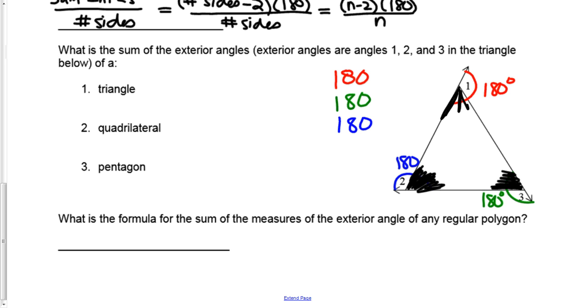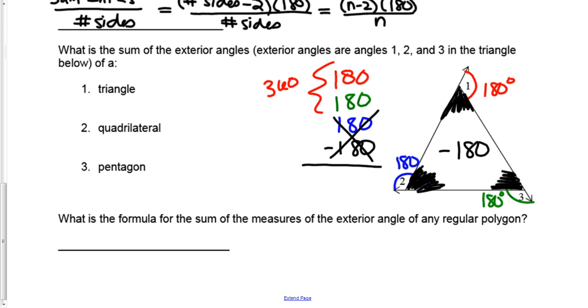And I need to subtract out this much, which is inside the triangle. Which means how many degrees are inside the triangle that I need to subtract? I need to subtract 180. So I subtract 180, which means these cancel out, and I'm left with these 180 and 180, which is 360. So the sum of the exterior angles of a triangle is 360.